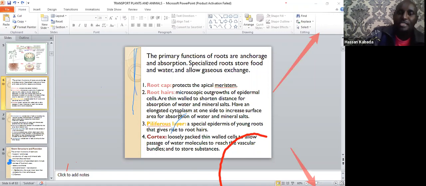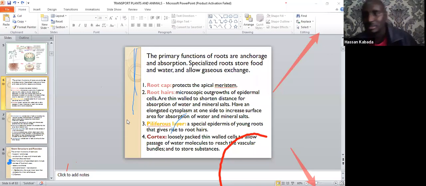They have an elongated cytoplasm at one end to increase surface area for absorption of water. We also talk about the hypertonic cell sap in the vacuole. Hypertonic means highly concentrated, filled with solutes like salt and sugar, so that they create a difference between the soil water and the water in the cell.